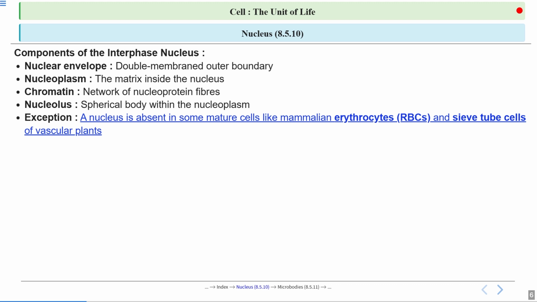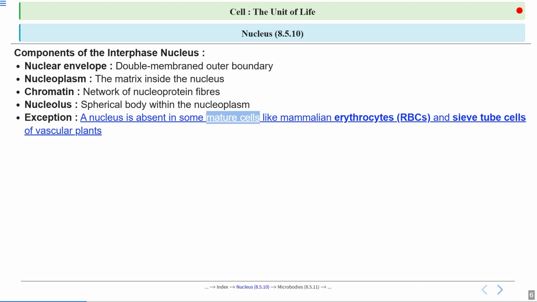Now there are some exceptions also. Some cells lack a nucleus. So the nucleus is absent in some cells when they are mature. That's why it is written that the nucleus is absent in some mature cells. What are the examples? An example is mammalian erythrocytes. Erythrocytes are also known as RBCs, red blood cells.